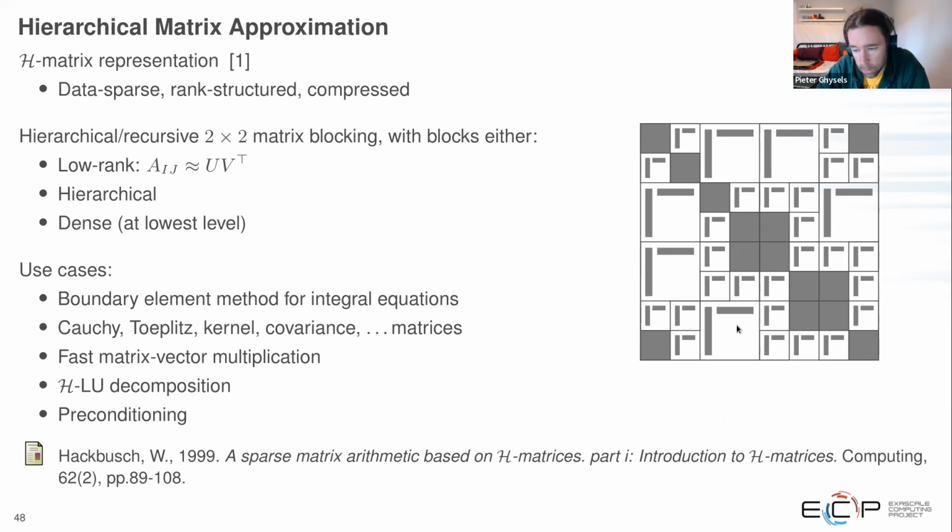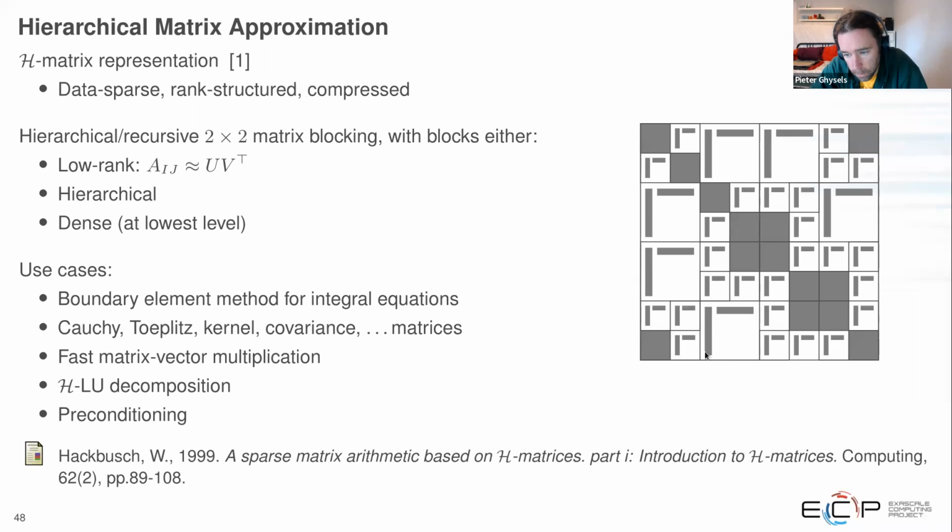And then you can look at each of the subblocks and decide, is this matrix compressible using low rank, yes or no? So you ask, is this matrix admissible, yes or no? If it is not admissible, so it's not low rank compressible, then you further subdivide it until you can compress it using low rank.